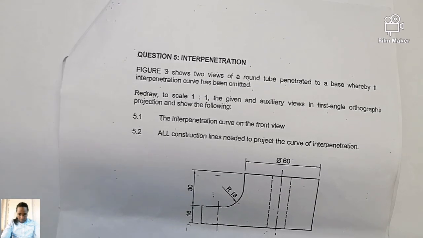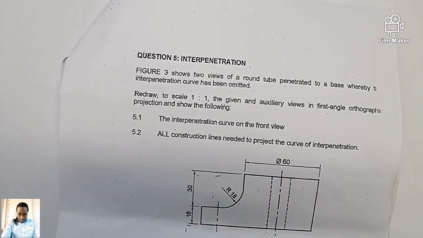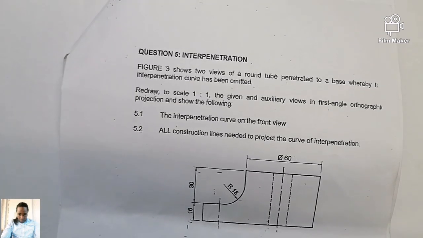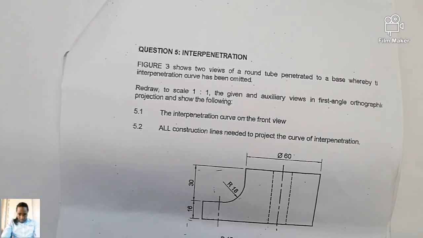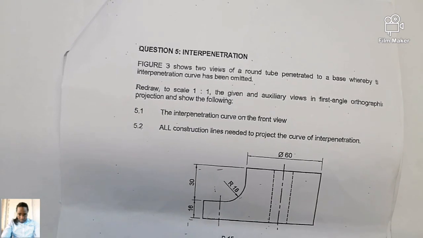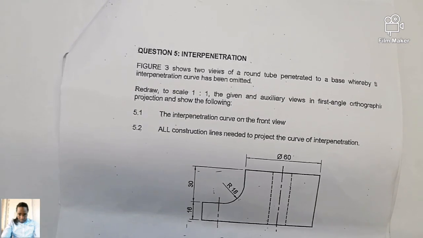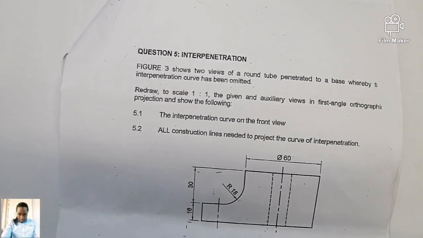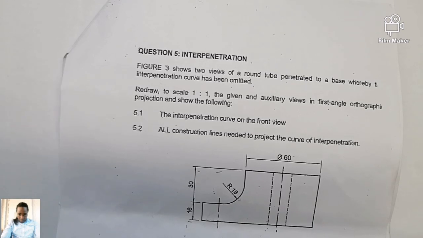What is important is this statement where they say redraw to a scale 1:1. This reminds me of isometric, where they will say do not redraw, but here they are saying redraw to a scale 1:1.